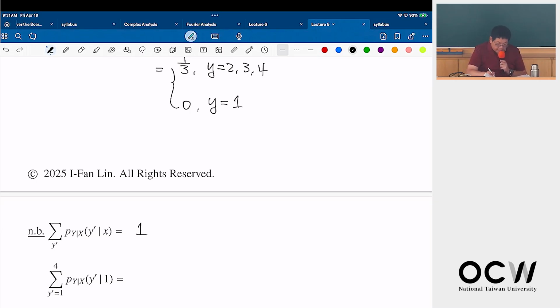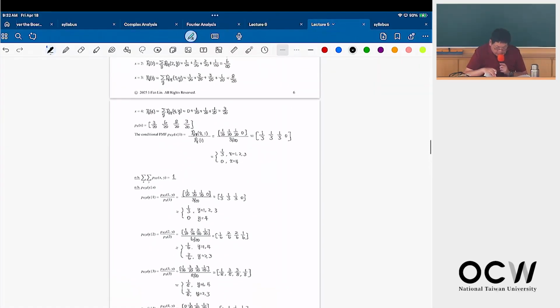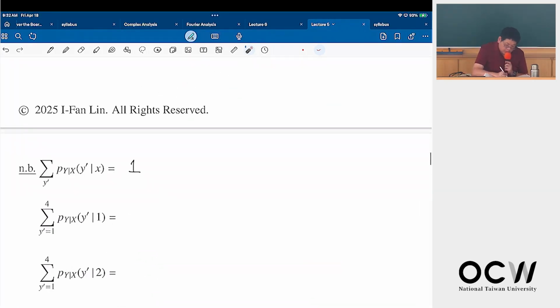If I fix x to 1, what is the conditional PMF of y given 1? So you get 1/3 plus 1/3 plus 1/3 and no more plus 0, you get 1.